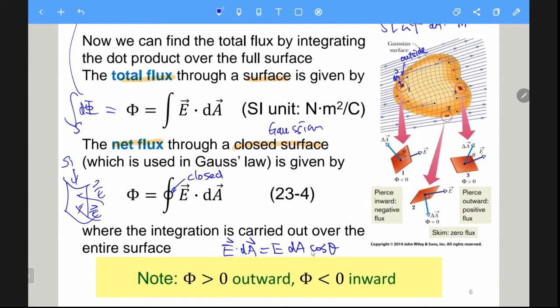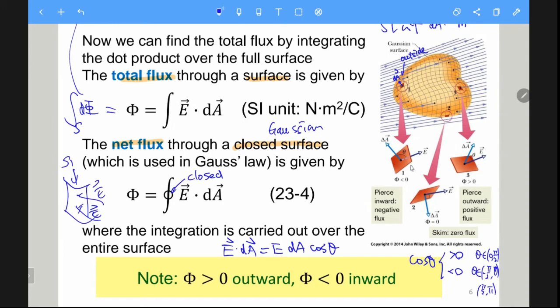Cosine of theta is positive if theta is between 0 and pi over 2, and negative if theta is between pi over 2 and pi, depending on how you define the angle.